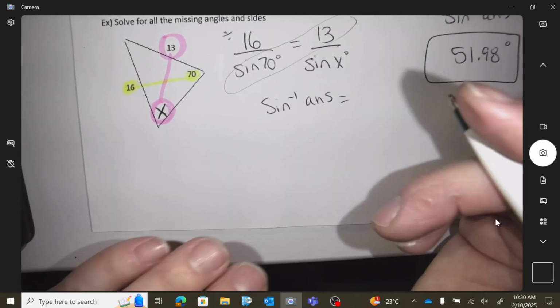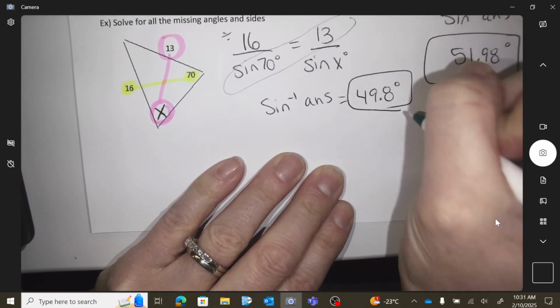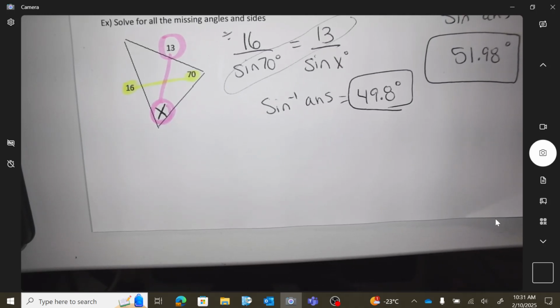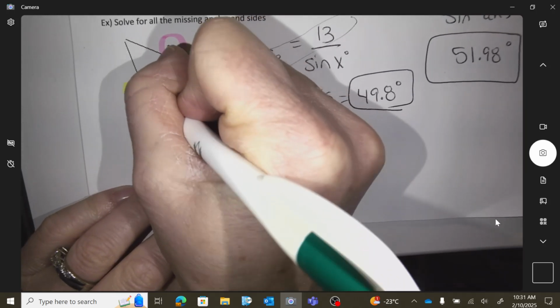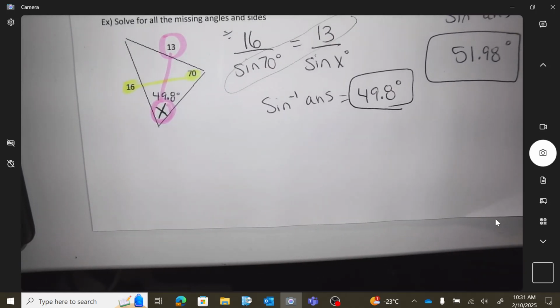Sine inverse. Yay, nay, 49.8. We like it? Because it was 7.7, so I just... Yep.